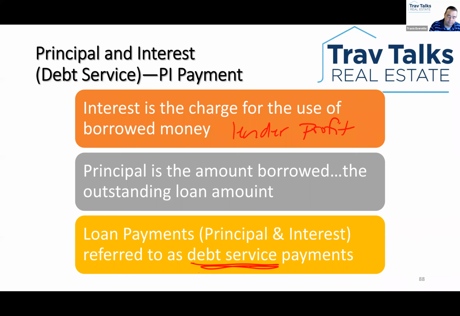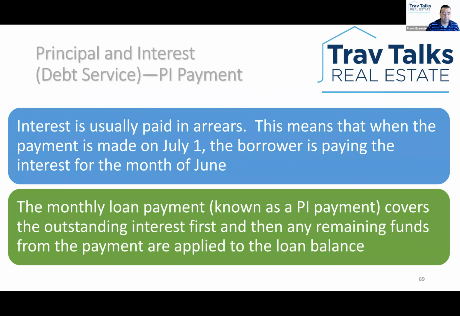There's a vocabulary phrase that you need to familiarize yourself with, a debt service payment. A debt service payment is the payment made on a monthly basis to a lender that includes what two pieces, what two components? Interest and principal, right? That's principal and interest. Okay. And of the two, the interest is going to get deducted first.